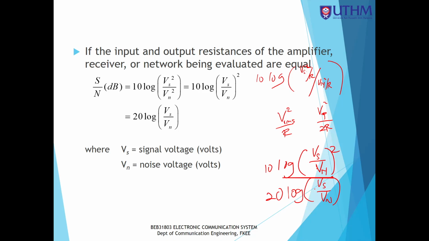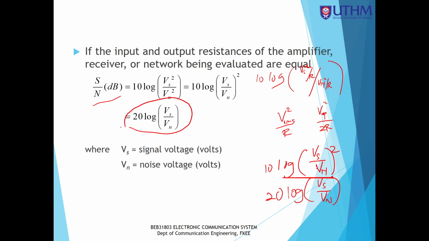Okay, so 20 is not the magic number. Okay, 20 ini bukan magic number. During the test or exam, when you want to find the voltage of the signal or the voltage of the noise from a given decibel value, you need to use 20 log like this.